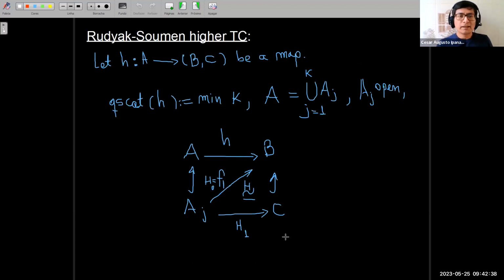And Rudyak and Schwarz define a notion of higher TC for a map. They use this new numerical invariant and they call it the quasi-strong category for a map.